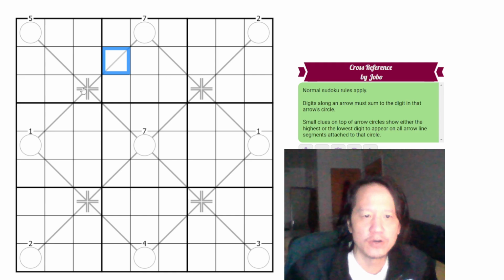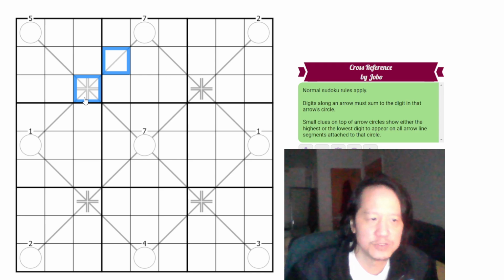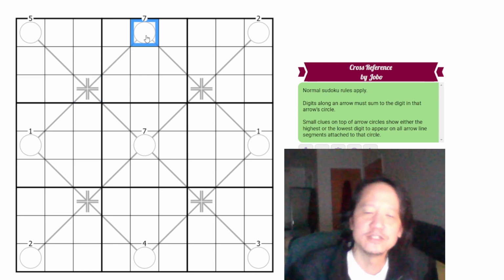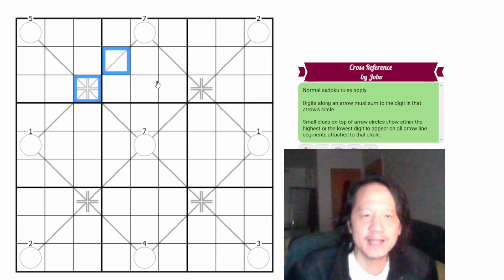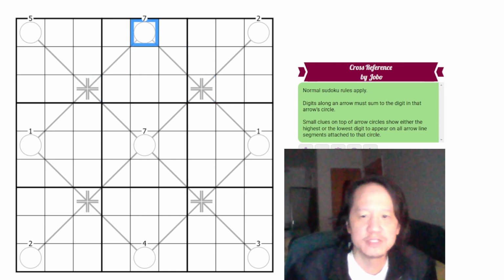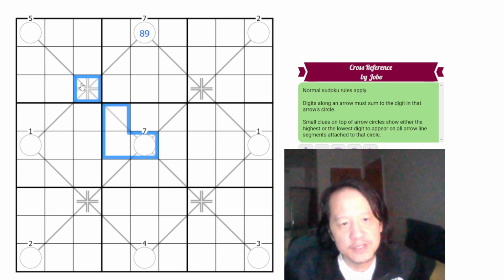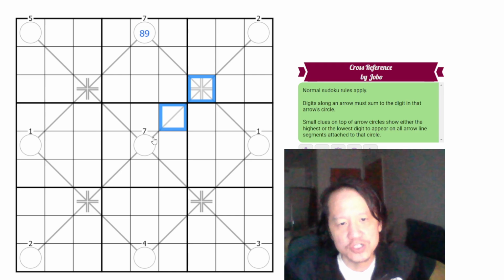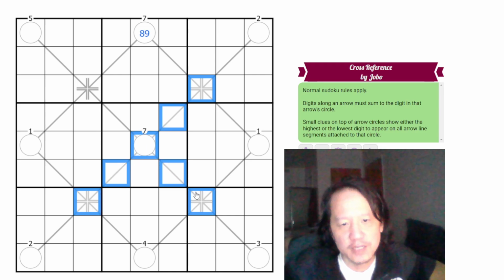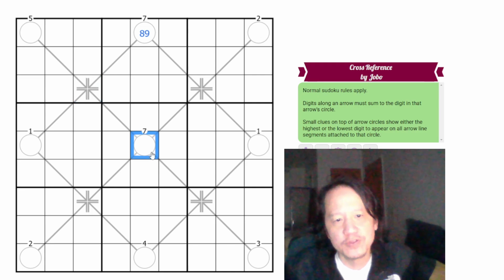If 7 were the lowest, that means these would have to be at minimum 7 and 7, which is 14, which is not a valid digit. So 7 has to be the highest digit on one of these cells, which means this has to be an 8 or a 9. Similarly, this says that a 7 is the highest digit on one of its segments, and therefore this must be an 8 or a 9.